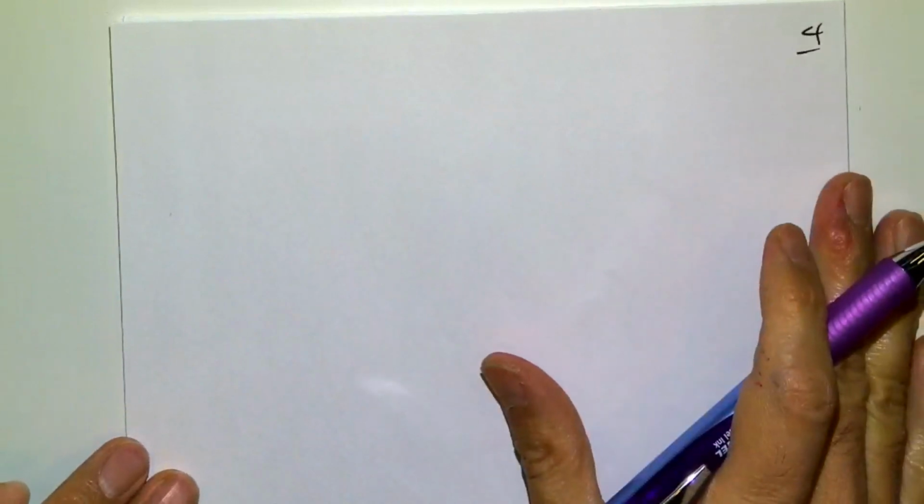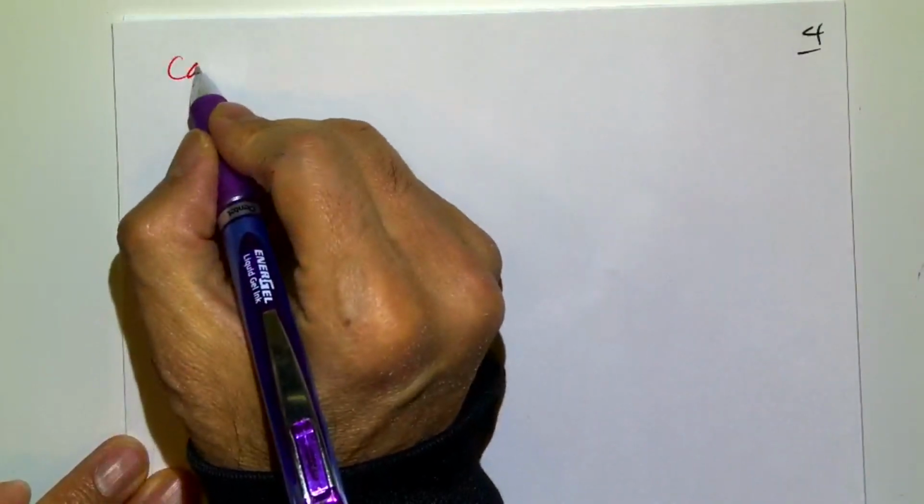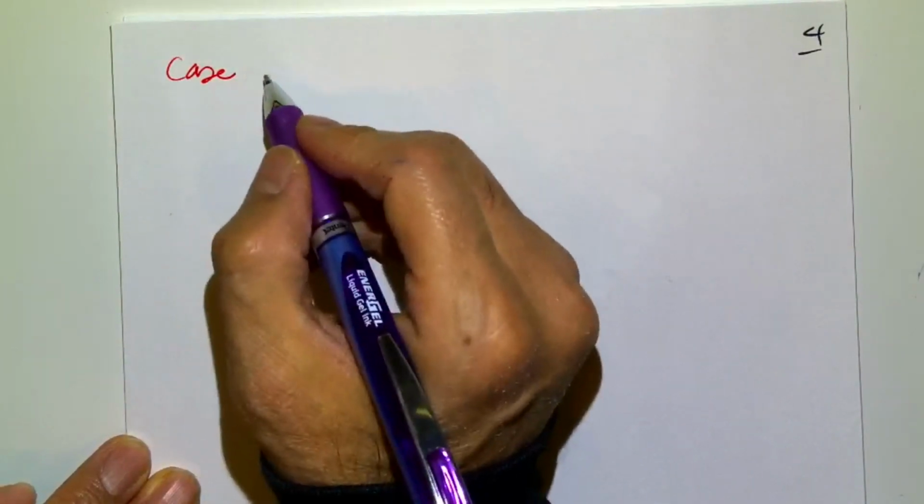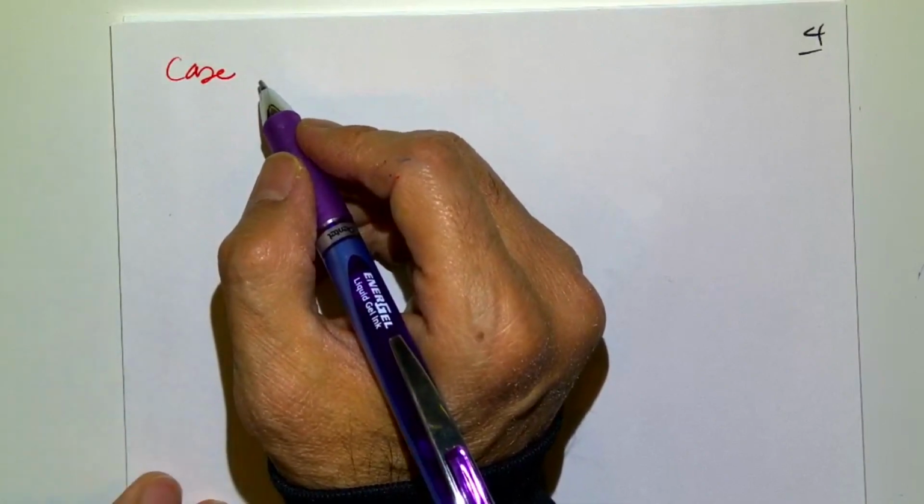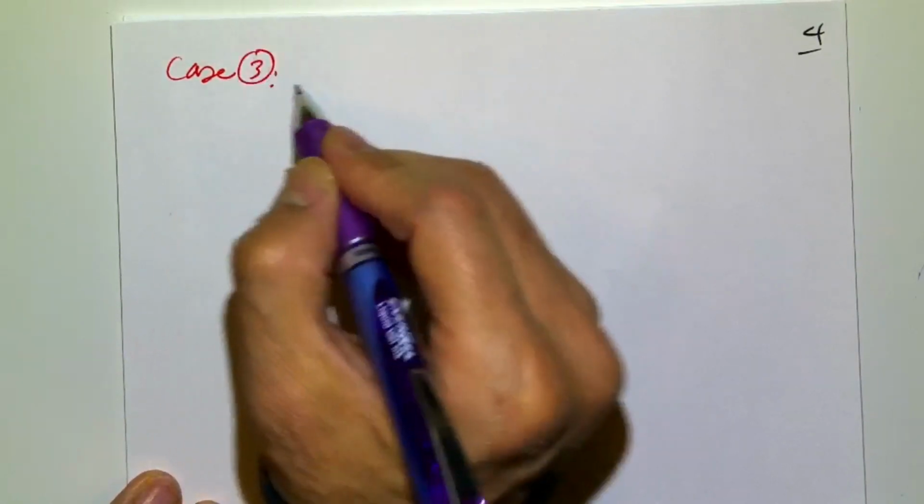All right, so that was our case 2, I believe we called it. So case 3, that's when powers of sine and cosine were odd.